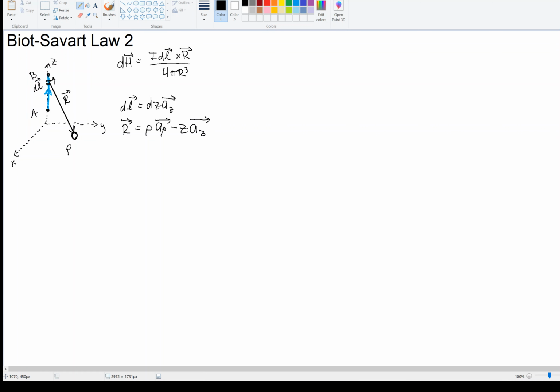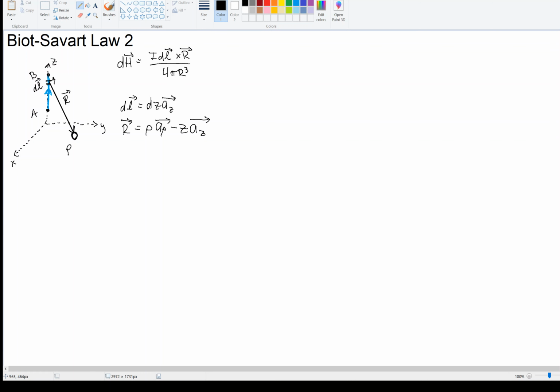Or you can call that z prime. Maybe we should call that z prime. I'm just going to leave it as z. I introduced the prime coordinates at the beginning of electrostatics, just to keep it simple as you were developing this theory. But I think that you should understand the process now. I'm going to leave off the primes.